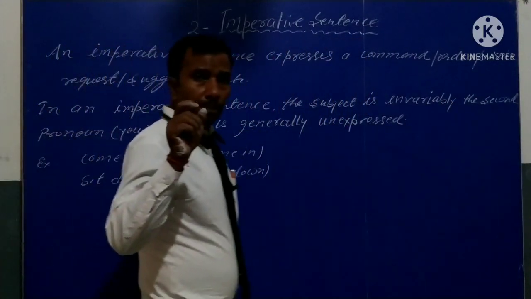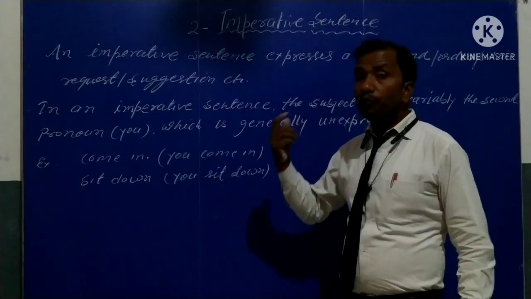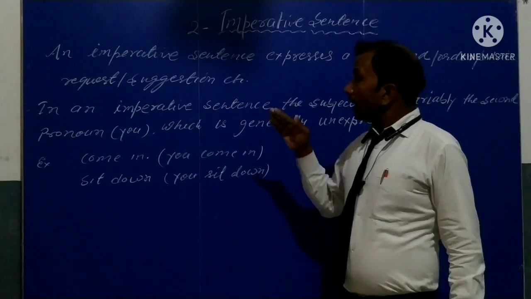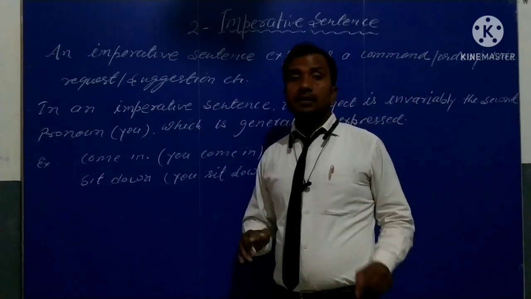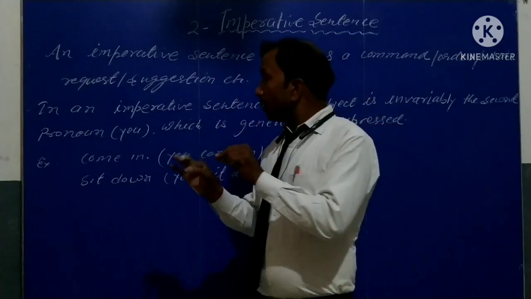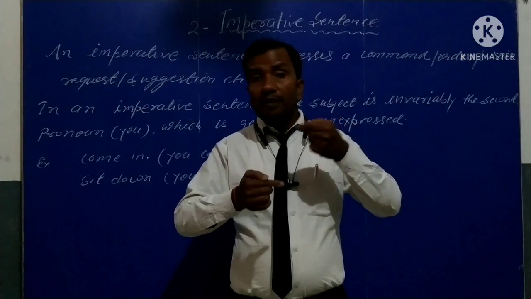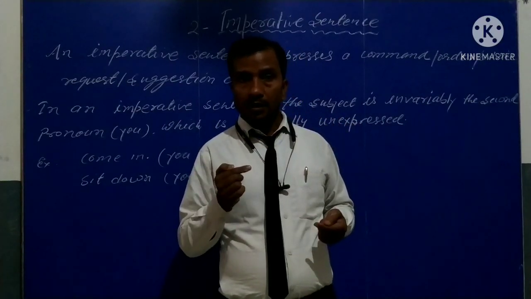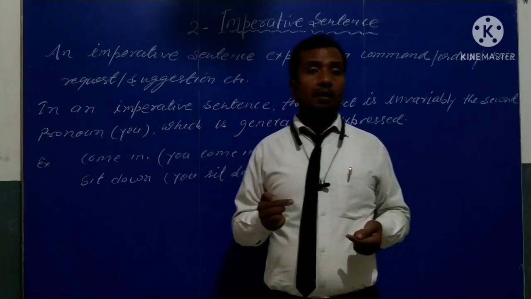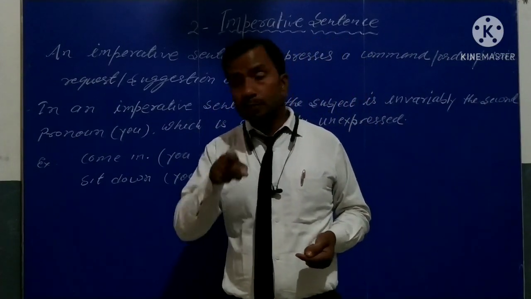Student, pay your attention toward the board and toward my words that in imperative sentences, the second person's pronoun is invariably used. It is hidden but expresses its sense when you want to express.